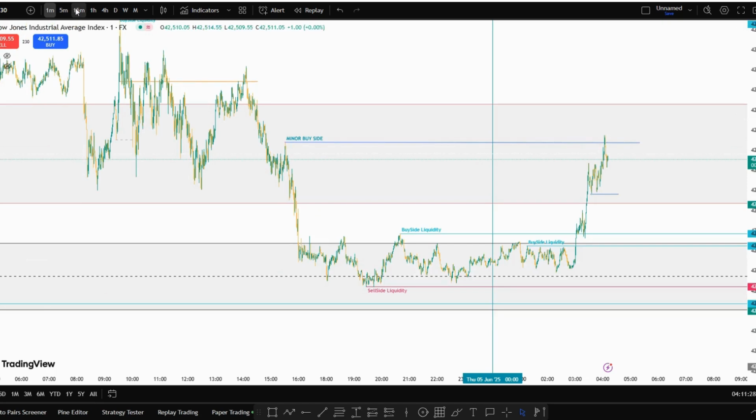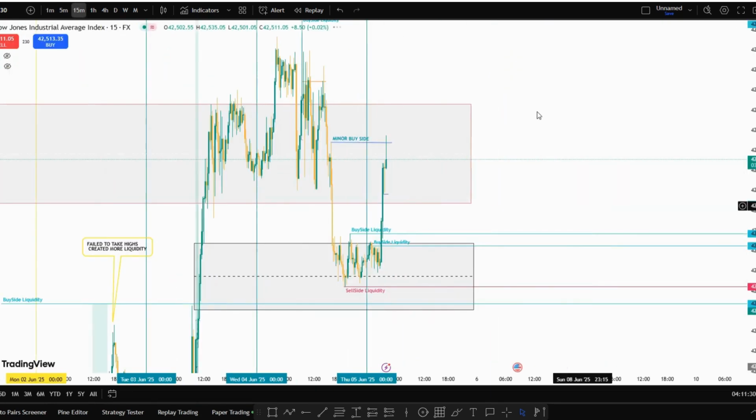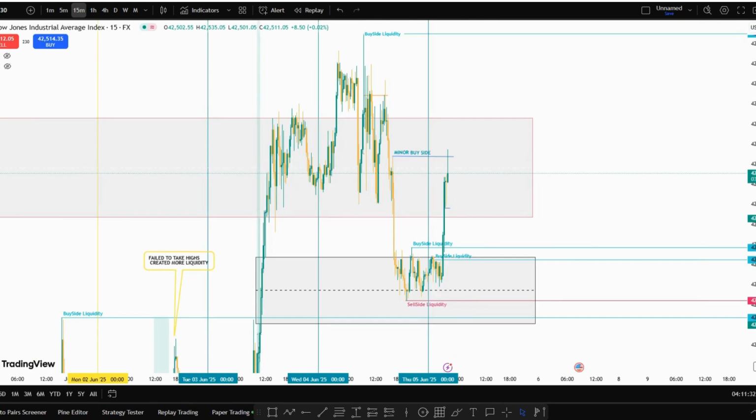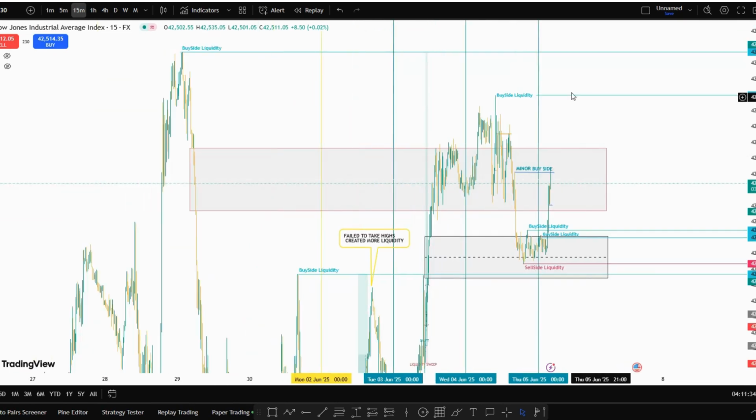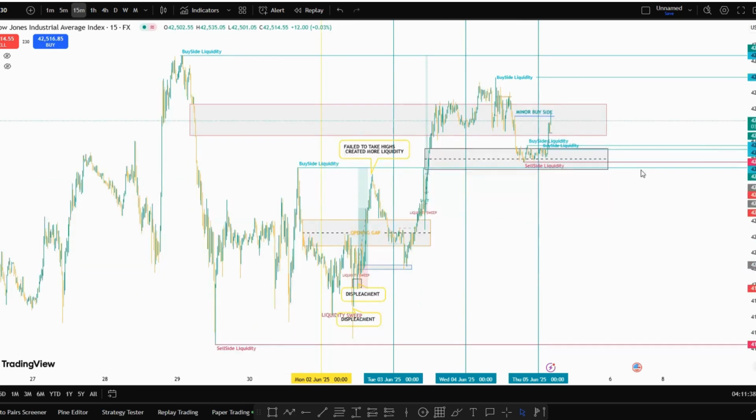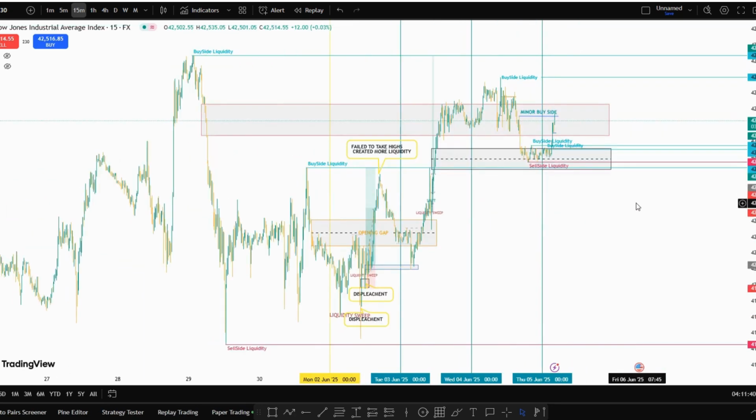But my major draw on this pricing is to trade up to these levels over here. So this minor level, because this is my major outlook of the trade, right? So these are minor. It's a minor external swing. This is a major external swing, right?